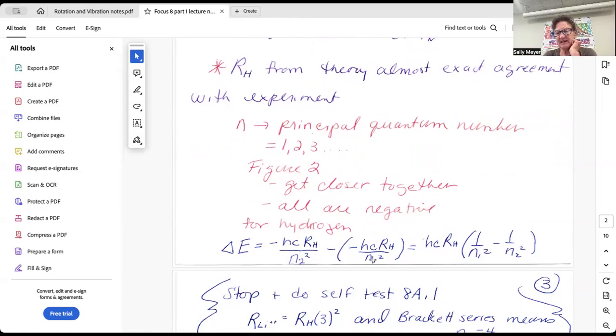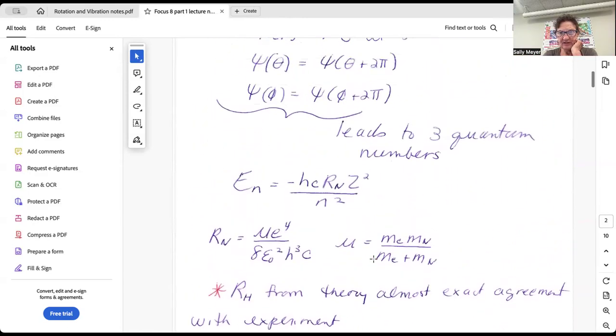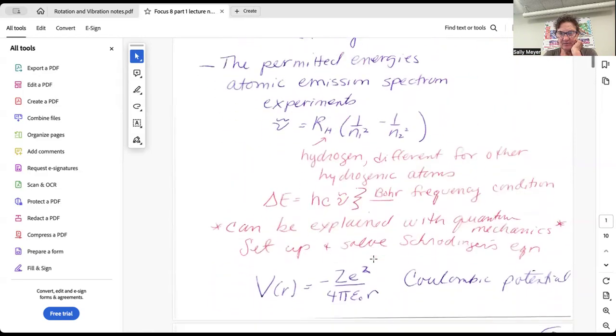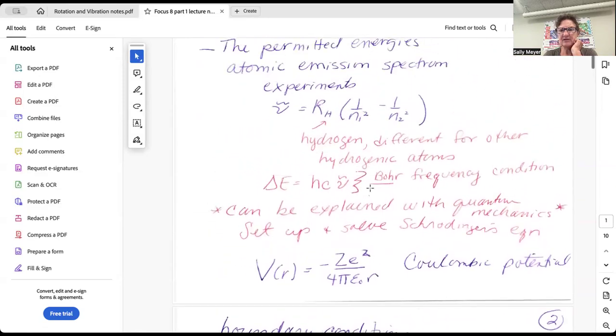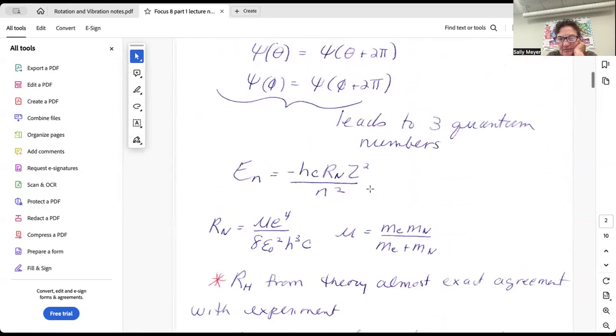So when we look back at that Bohr frequency condition, where did we put it? Right here, we can see where that compares to theory.